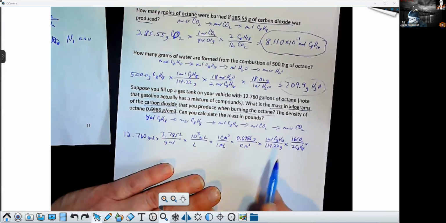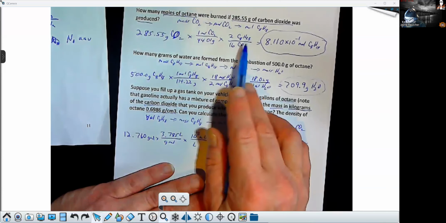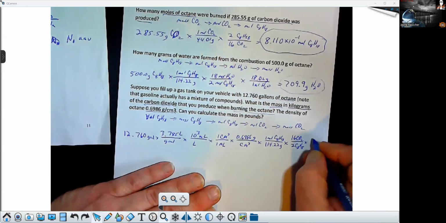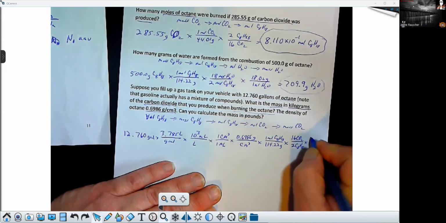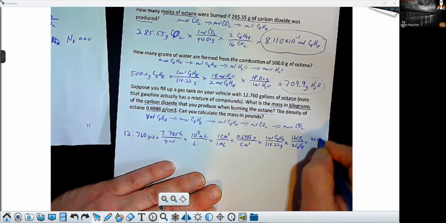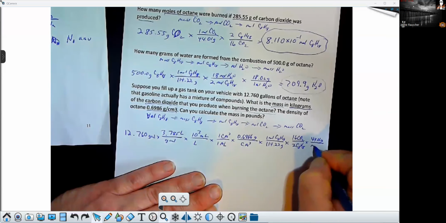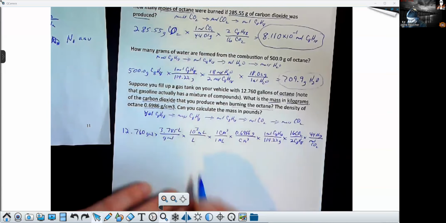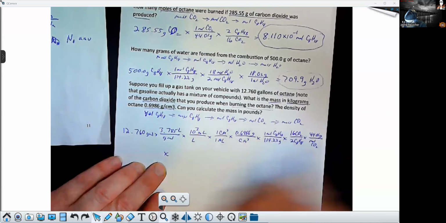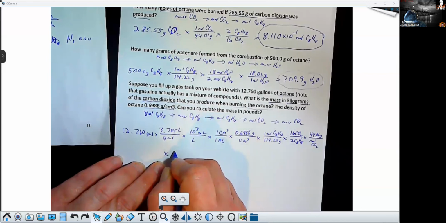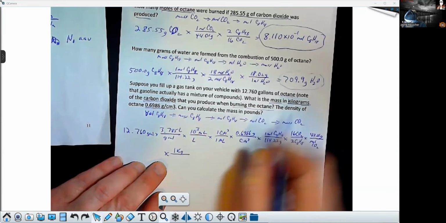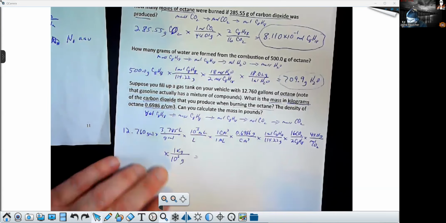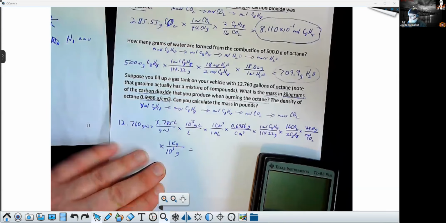And then the last piece, we need to use the molar mass of CO2. So that would be 44.01 grams per mole CO2, right? And that will give us mass in grams. Then we have to convert from grams, so that would be 1 kilogram, because it wants it in kilograms, for every 10 to the third grams. It's kind of a long dimensional analysis, but it does all of our work in one thing.